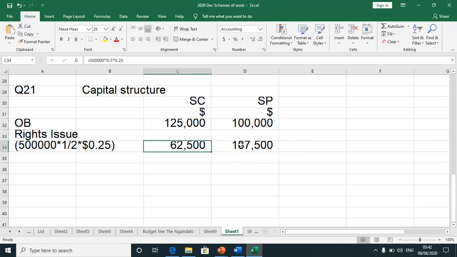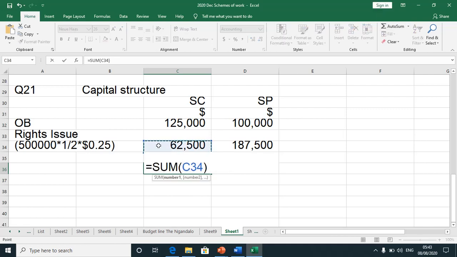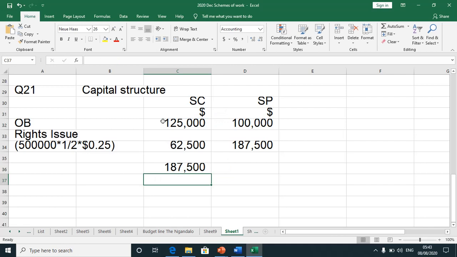Okay, so the whole idea is to ensure that these figures are added. Let me just sum up. I add these. Okay, so now we are standing after the rights issue. We are standing at those totals.